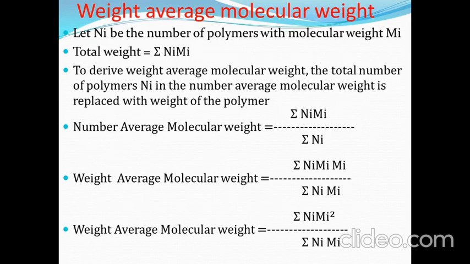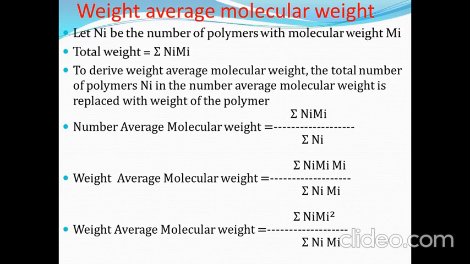The second method for determination of molecular weight is weight average molecular weight. The number of polymers is Ni. The molecular weight of the polymer is Mi.